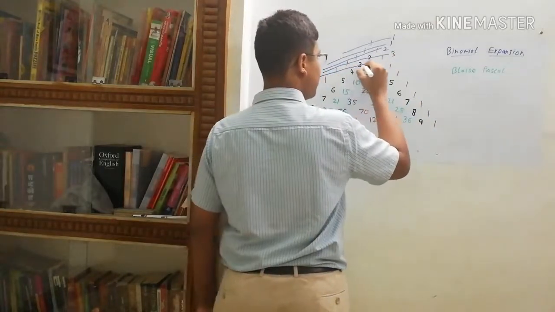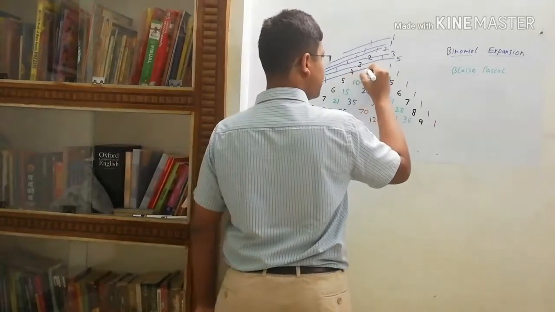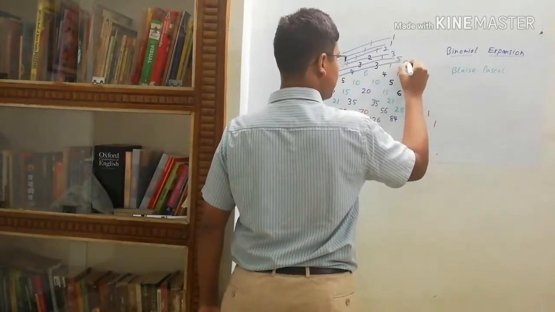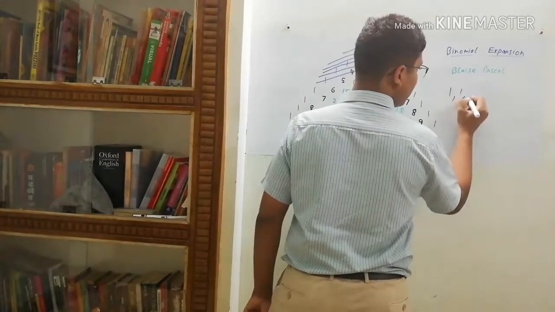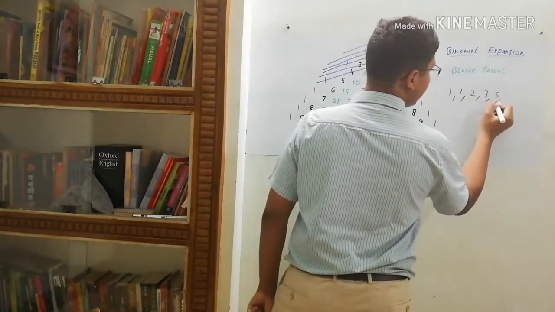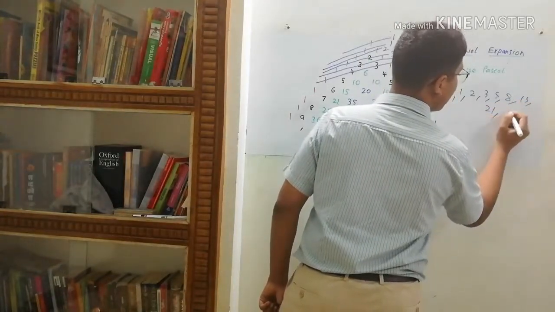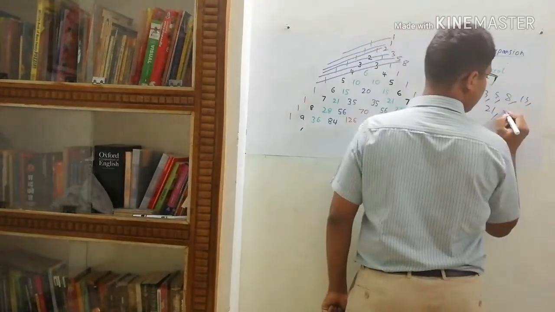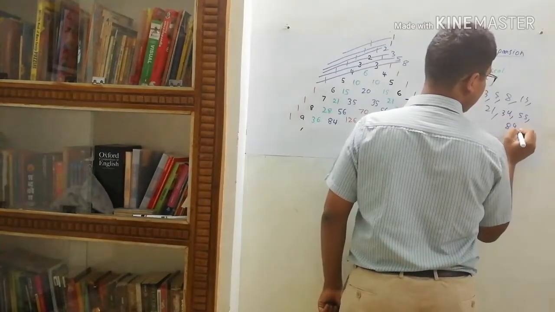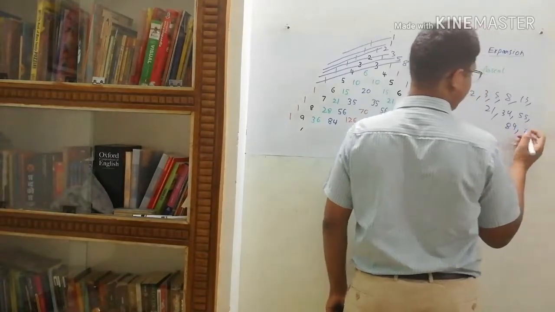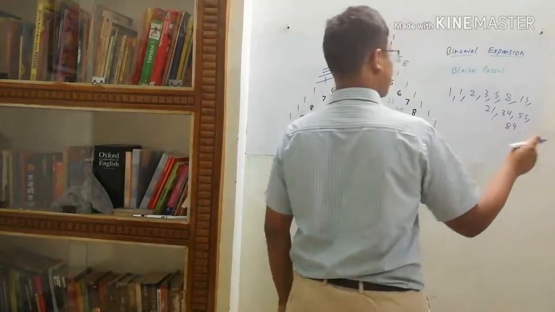The 5th one, 5. The next one, 8. So if we go on, we'll get 1, 1, 2, 3, 5, 8, 13, 21, 34, 55, 89, and we can extend it wherever we want. Let's stop. It goes on forever.